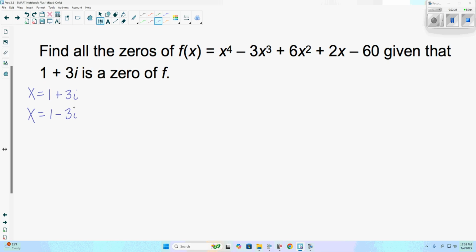Both of these are going to be solutions, or zeros of this here. Now, there's different ways we can go about this. One of them is that we see what quadratic equation has these solutions, and we can use long division or synthetic division to find what's remaining or what's left.